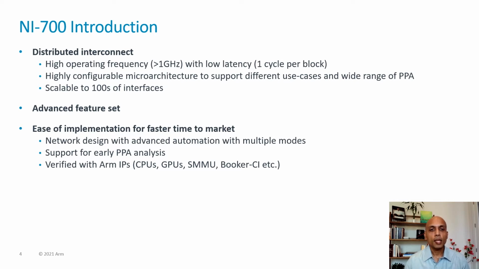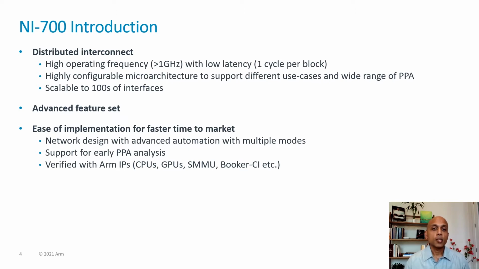And with something that has such a highly configurable microarchitecture, ease of implementation that supports a faster time to market is very important. And there are 3 key aspects to this. There is advanced automation that is delivered with the product, which supports multiple modes.